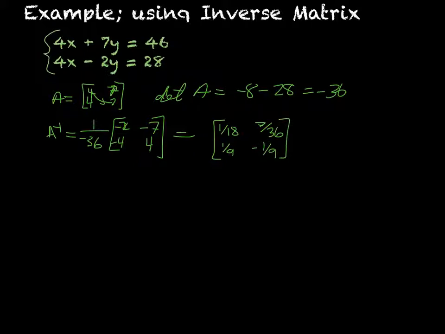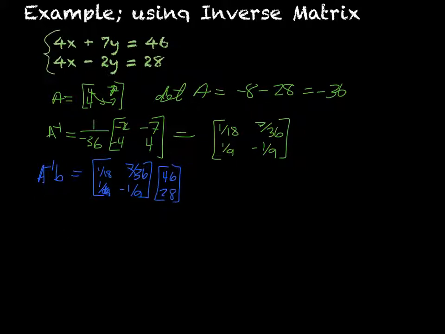Now if I multiply that A inverse times my B, I would have 1 over 18, 7 over 36, 1 over 9, and negative 1 over 9, multiplied times my B, which is my solution matrix, 46, 28.